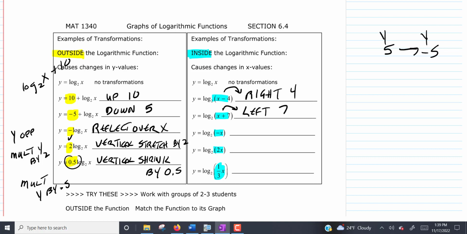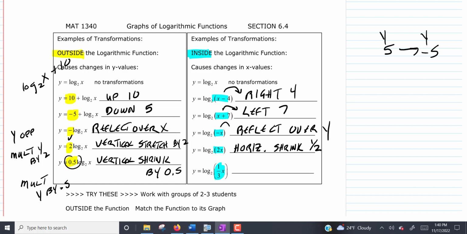Okay, what happens is x changes. The next one is a reflection, but it's the opposite axis. Anytime you reflect, it's over the opposite axis. So this is going to reflect over y. Now here's where it's weird. You get into horizontal stretch and shrink. Since it's inside, you say horizontal, but by the reciprocal. The reciprocal of 2 is 1/2, so that will be a horizontal shrink by 1/2.